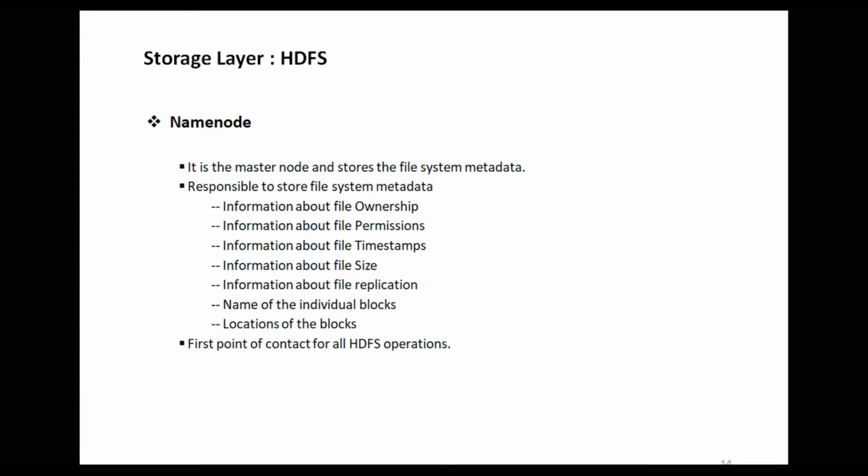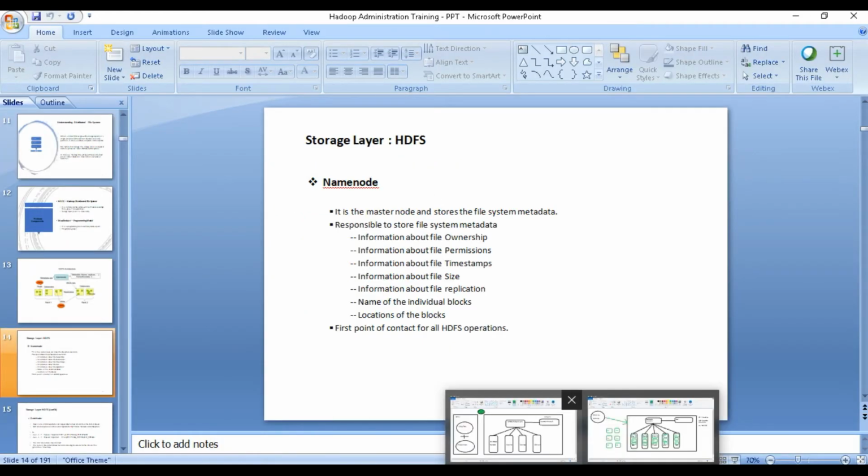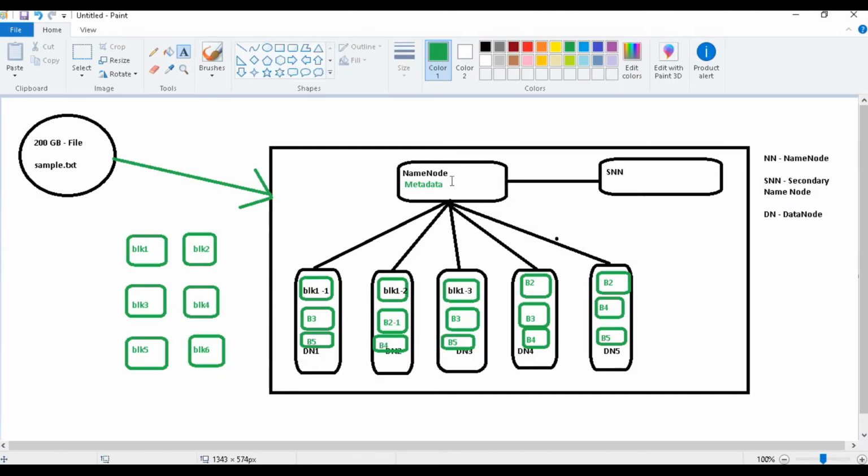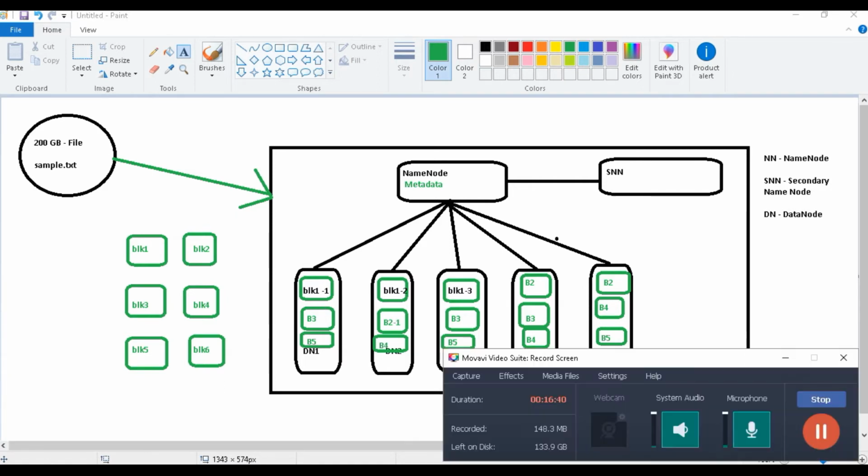And the location of the blocks, which data node it is stored on. That is called metadata. That metadata will be stored in the name node. Here is the name node, and here the data nodes will store the actual block information. Okay, so the actual blocks will be stored there, right? So let us see.